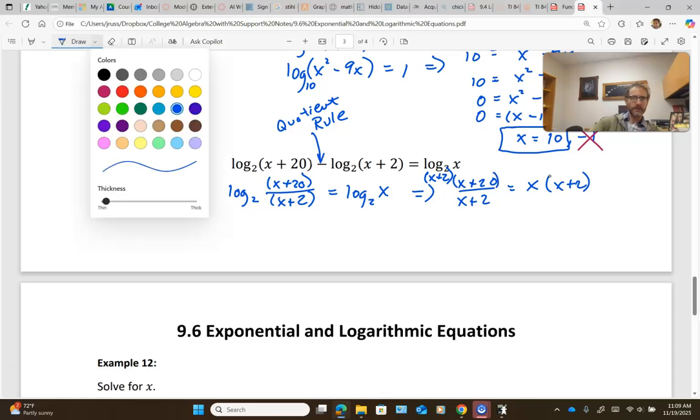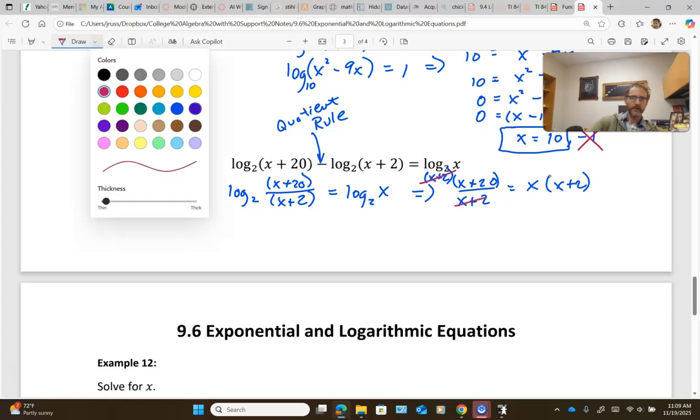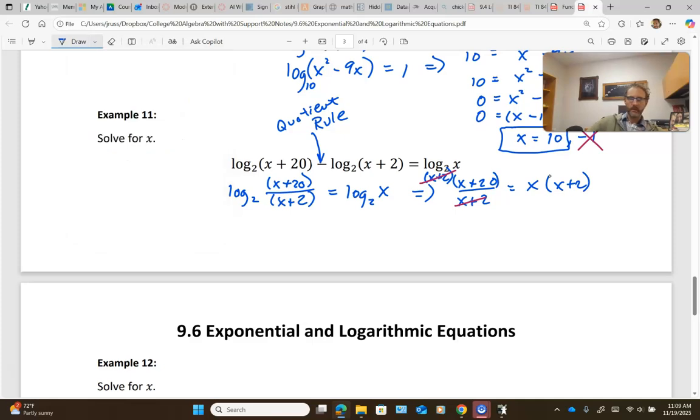So, on that left-hand side, and again, this is the reason we do this, those x plus 2's divide out. And so we're just left with x plus 20, and that's equal to whatever this becomes. x times x plus 2.